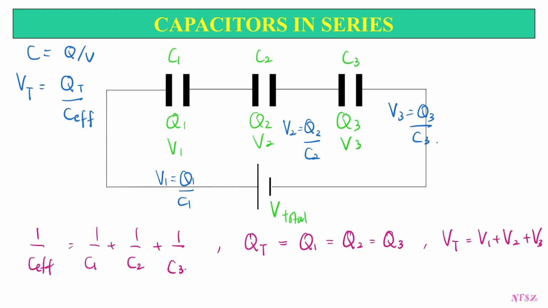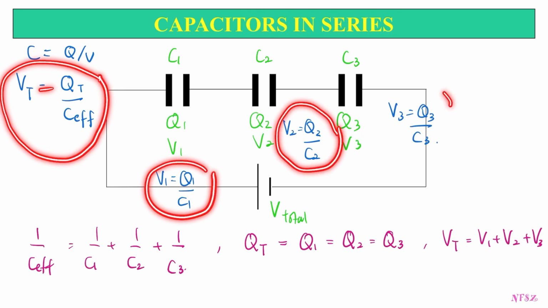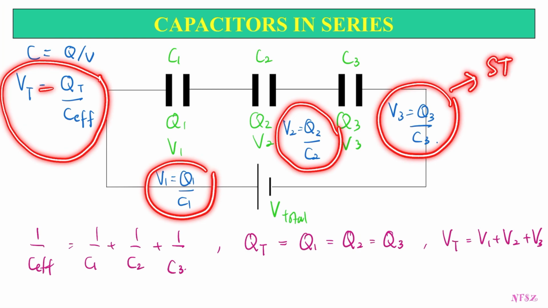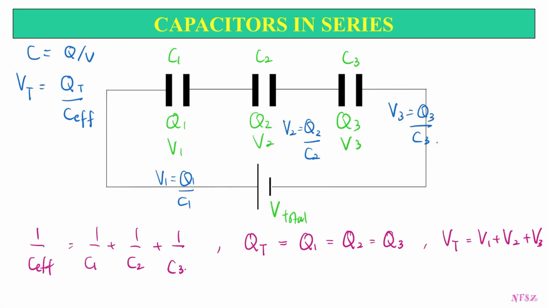You have to do it one by one like that. You cannot just write it like this. I get really annoyed if you write like this and then ask me, Madam, why is it wrong? How do I know what you substituted? You must write what you substitute. And one more thing, when we use the equations V total, Q total, C effective, all these equations must have everything in SI units. You cannot leave this one in microcoulombs. Okay, you need to keep that in mind.